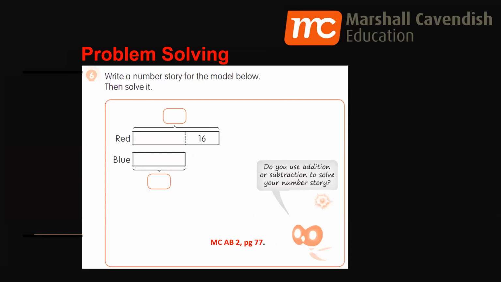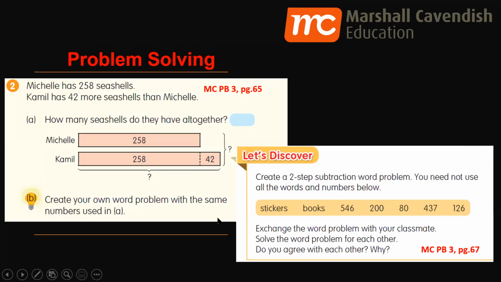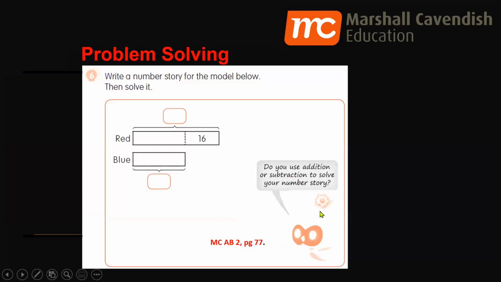Altogether, there are 20 marbles. How many blue marbles are there? If you think it's difficult for them to start with this, start visually first. All right. So again, like I said, when you give this variation, this type of helping them to create a problem, it becomes a lot easier.